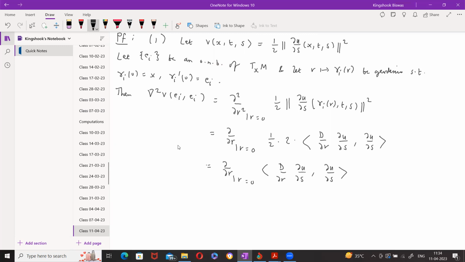So that will be a norm squared, right? So this will be equal to the inner product D del r at r equal to 0 of D del r of del u del s, inner product del u del s, plus the norm squared of D del r del u del s.